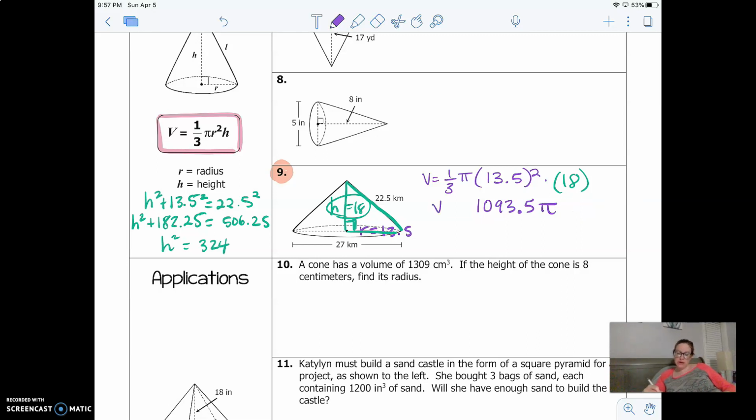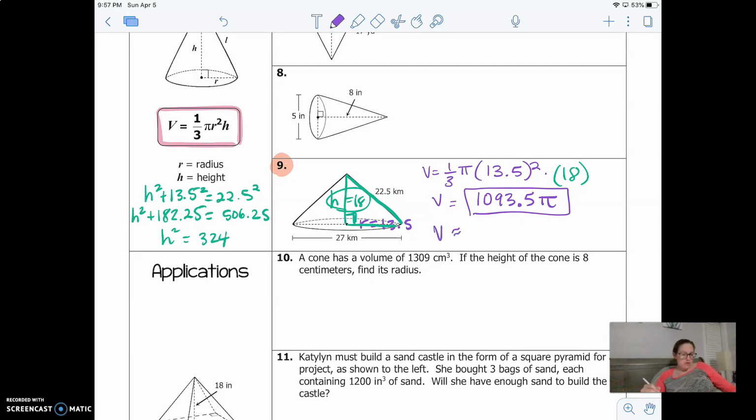That is in terms of pi. And then if I wanted this rounded to the nearest decimal, then I would do all of that fun stuff. Multiply it by pi. Where's my pi? There it is. And that is 3,435.3 kilometers cubed. So whichever one of those you want: in terms of pi, or rounded to the nearest decimal.